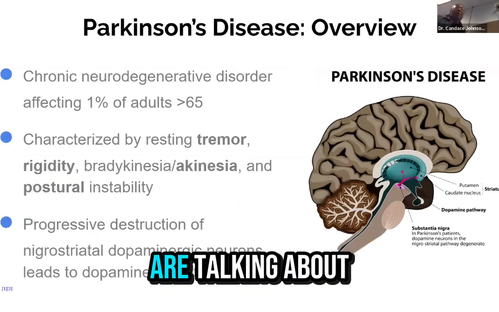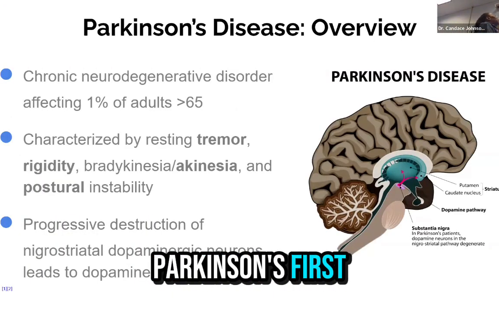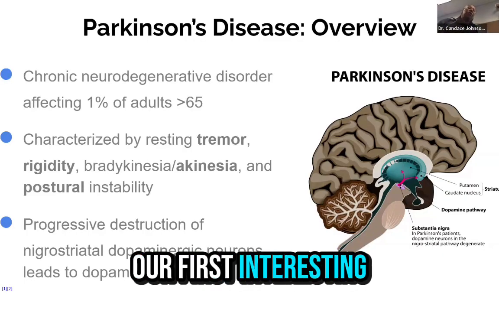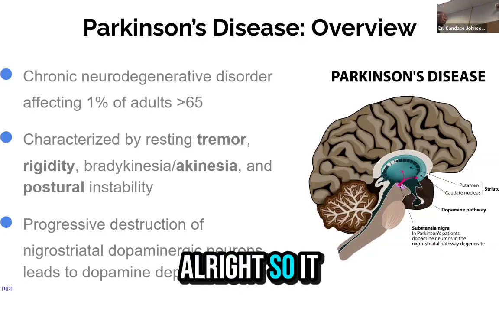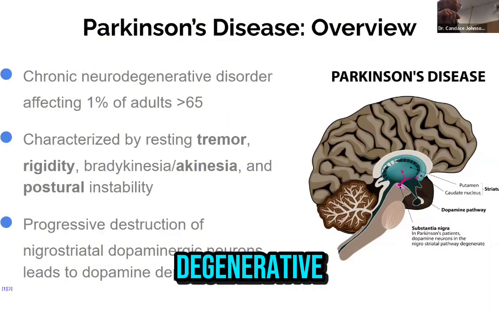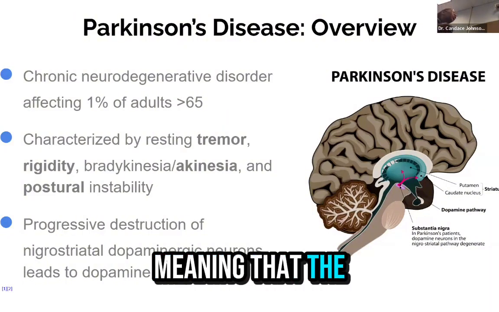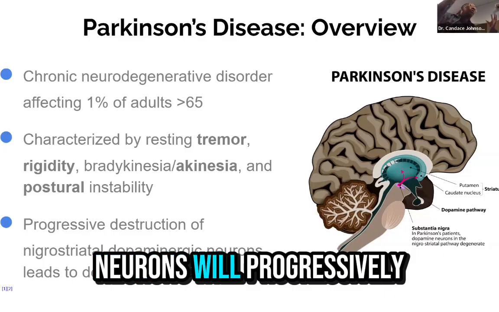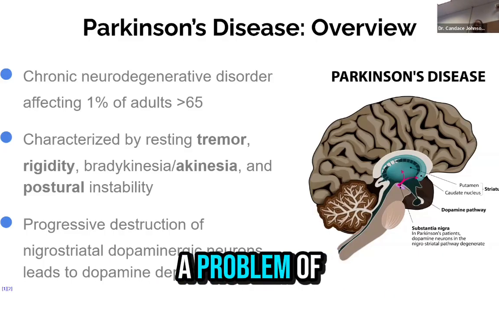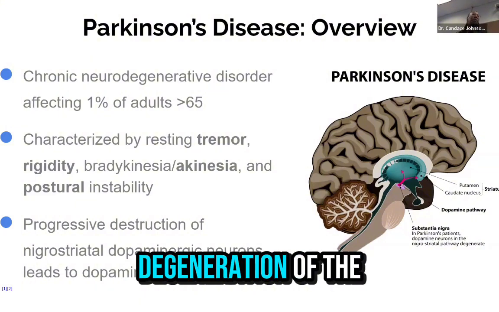All right, because we are talking about Parkinson's first. Parkinson's disease is our first interesting neurological disorder. All right, so it is chronic, it is neurodegenerative, meaning that the neurons will progressively degenerate over time. All right, this is a problem of degeneration of the neurons.